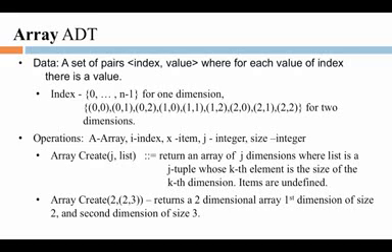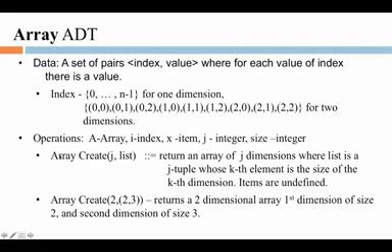We have seen examples of a one-dimensional array, a two-dimensional array. We are going to talk about a generic j-dimensional array. In particular, we are going to describe the operations. In the description of the operations, A will stand for an array, I is an index, X is an item that you are going to store in the array, J is an integer, size is also an integer.